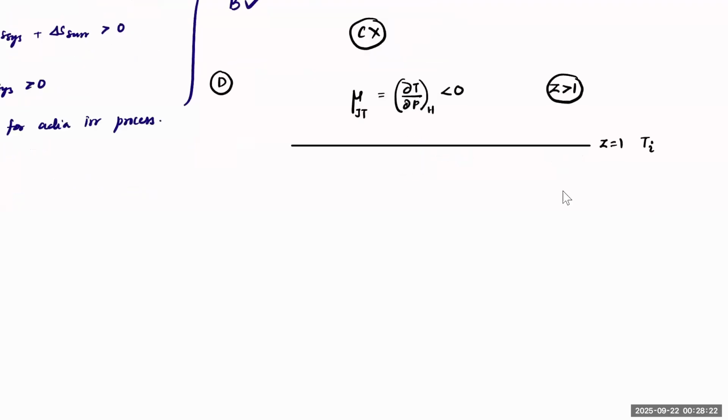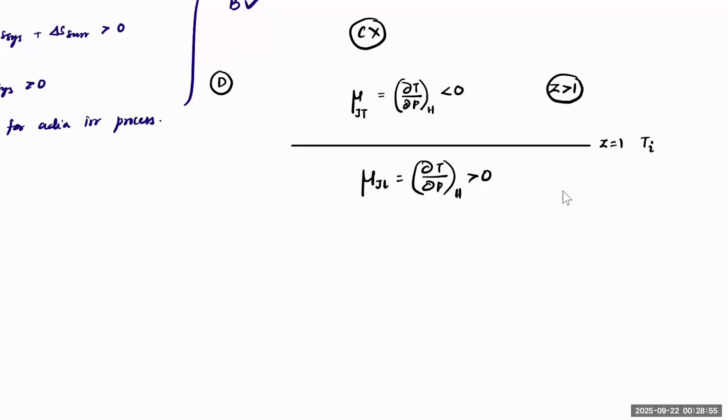But below the inversion temperature, the Joule-Thomson coefficient, dou T by dou P at constant enthalpy, is greater than 0, which means if the pressure is decreased, that is, expansion is done, temperature will also decrease. This is the basic fundamental we use for refrigeration. In all our refrigerators, there is a refrigerant gas working against the compressor in an adiabatic environment.